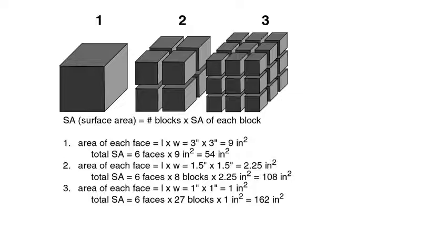But on the other side, if we increase the number of cubes, the area will also increase. In the first case, if the area of each face is 9 inches square and we have a total of 6 surfaces in the cube, then the area is 54 inches square.